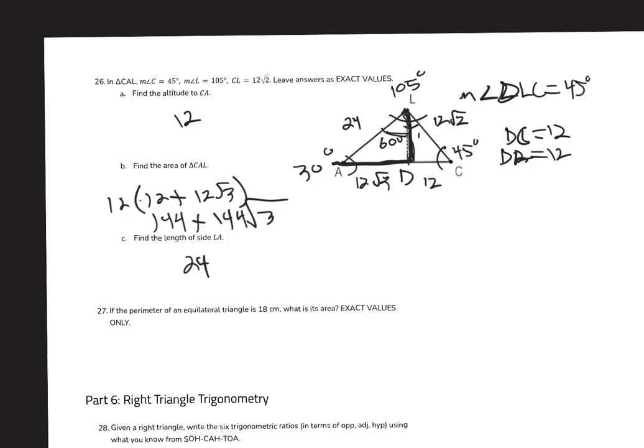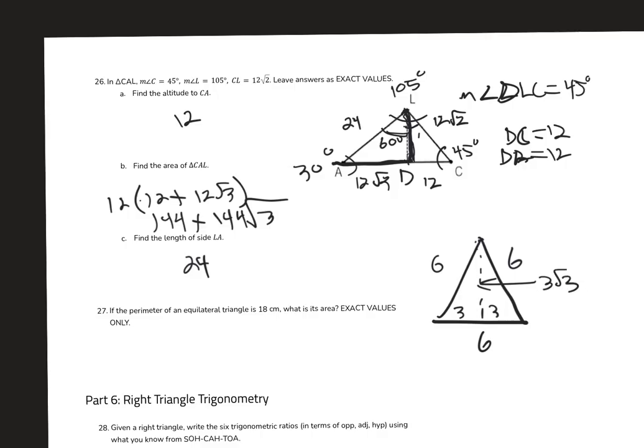All right, the perimeter of an equilateral triangle is 18. What is its area? Okay, so we have this equilateral triangle. Since its perimeter is 18, this is actually the same triangle that we found before, where these are each 3, and so this is going to be 3 root 3.